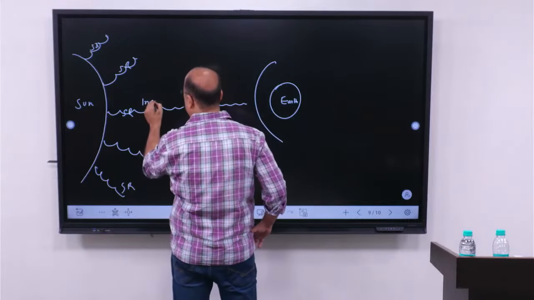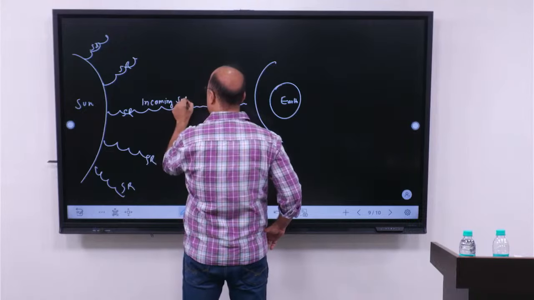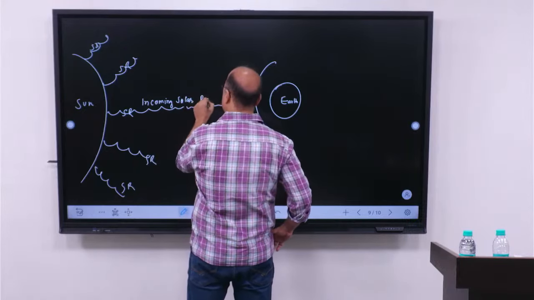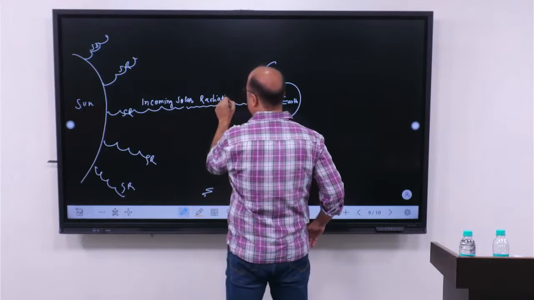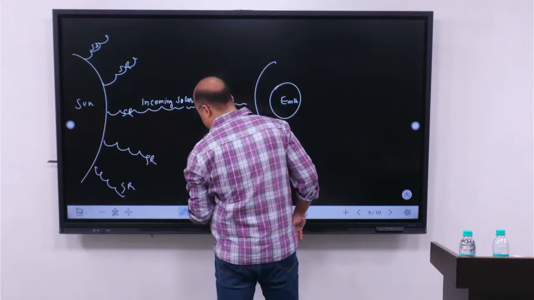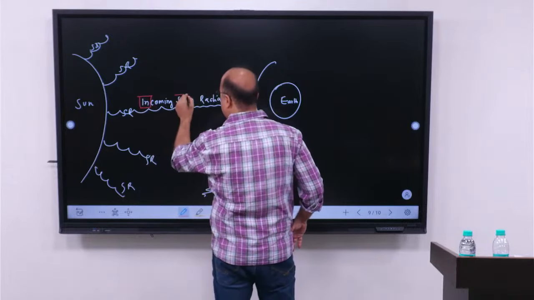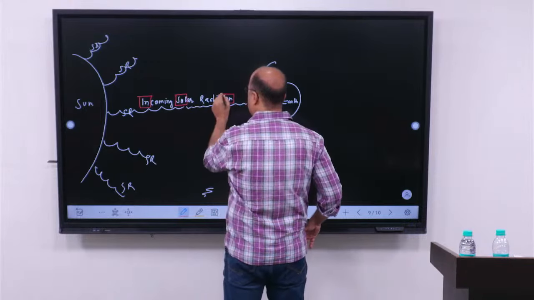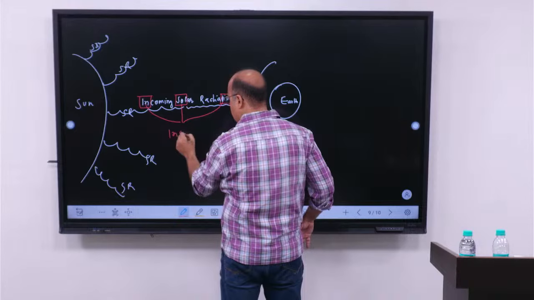It is incoming solar radiation. And that is how we take an acronym. Take IN from incoming, plus solar radiation, and we make insolation.